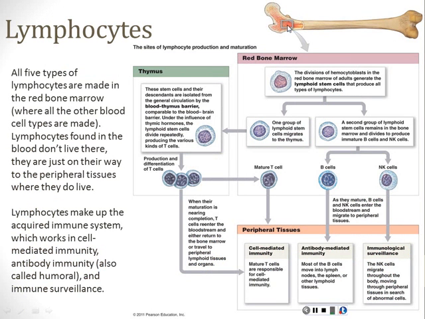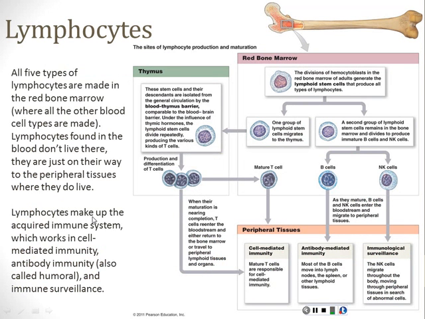So what differentiates them? Well, they all start there, and then the T cells eventually move to the thymus gland, and it's in the thymus where they become professional T cells, so to speak. That's how they get their name. And then from the thymus, they're released into the circulation.